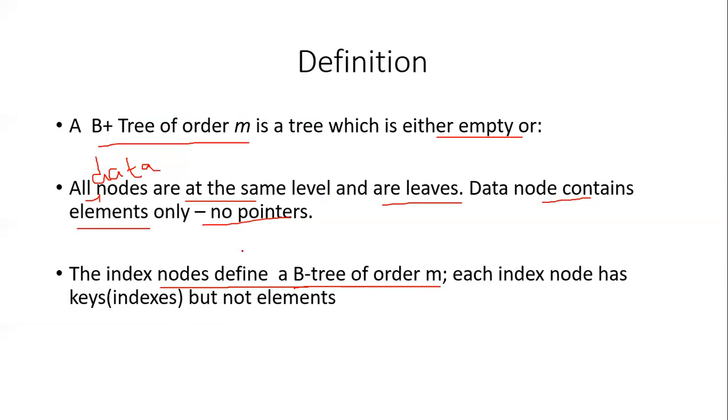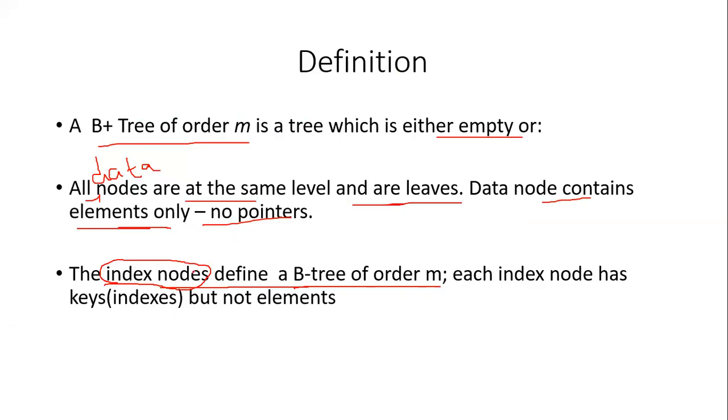The first says that all the data nodes should be leaf nodes containing only elements or data, and they should not have any pointers. As for the index nodes, they are all nodes other than the data nodes, including the root node and all intermediate nodes.